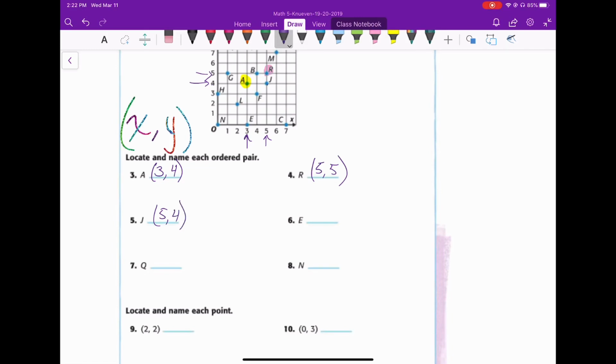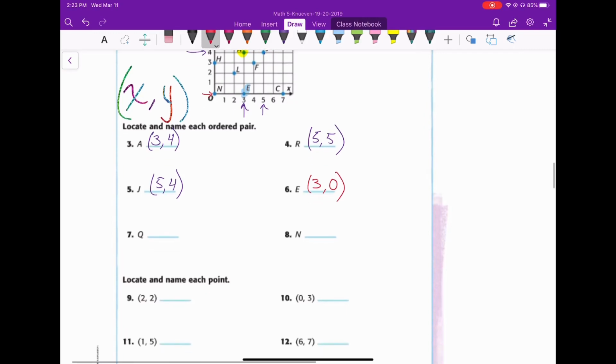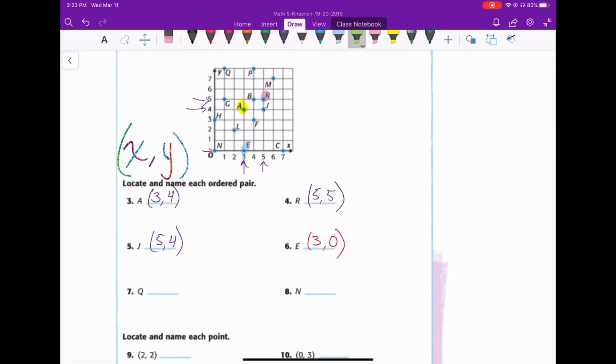If I'm looking for E, this one's going to be a good example where my X is at 3, but did I go up any? No, it's still at 0 here, so this would be 3, 0, and that's doable. So for Q, let's find Q. Q's way up here. So I'm going to look and it's at 1.